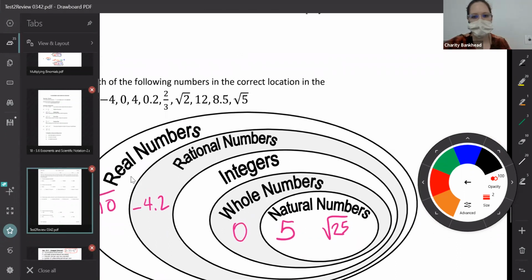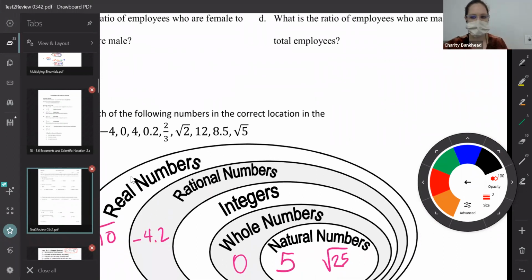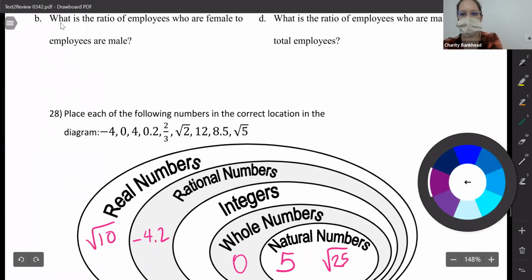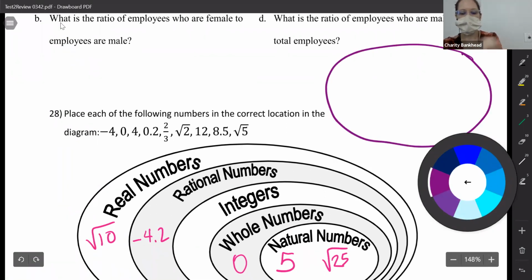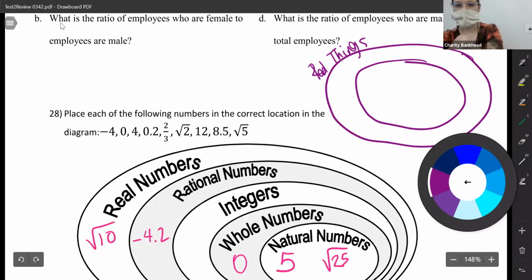Okay, so just for an example, maybe to put this in terms of something you're a little bit more familiar with, let's just say that I had a diagram like this, where I had this blob represents real things, and then I had one that means food, and one that was candy.